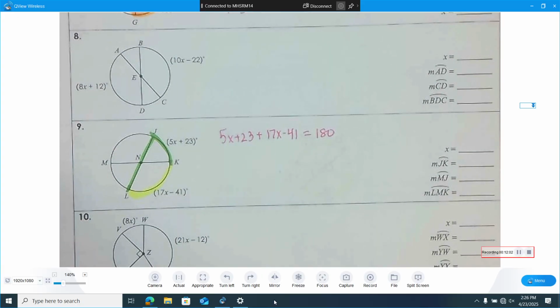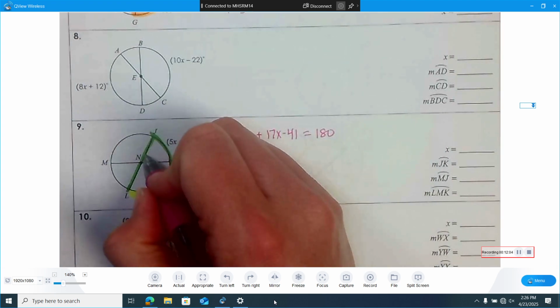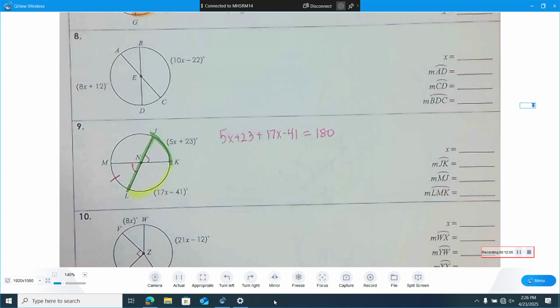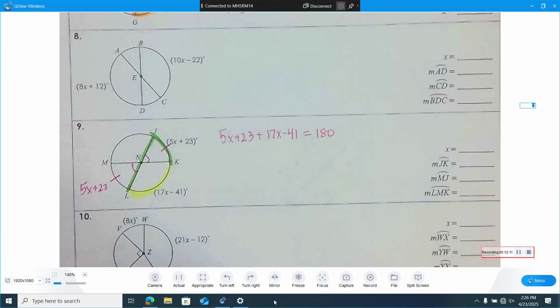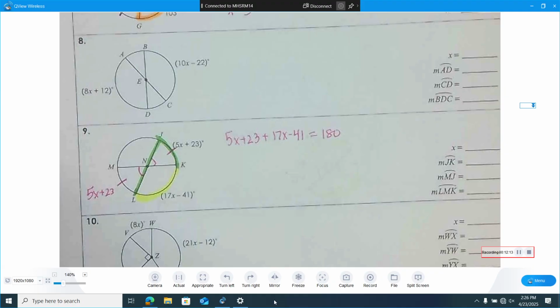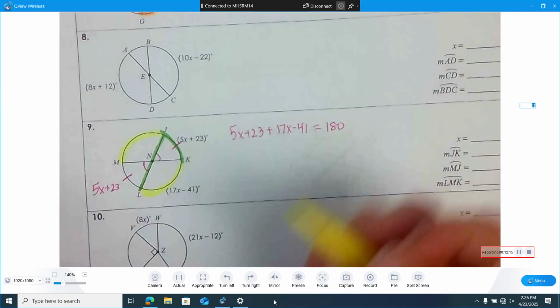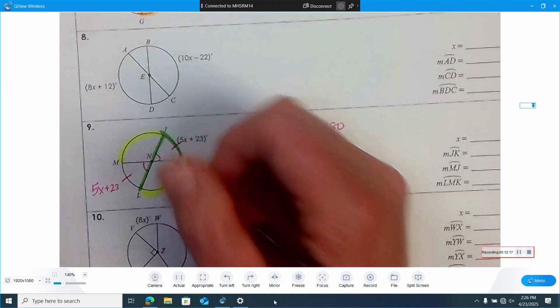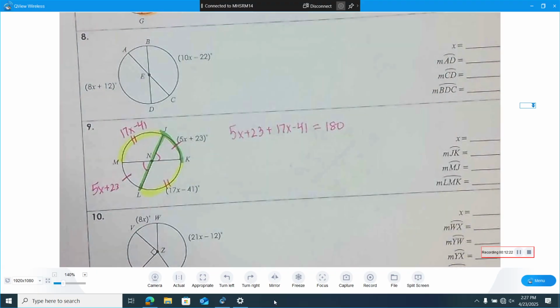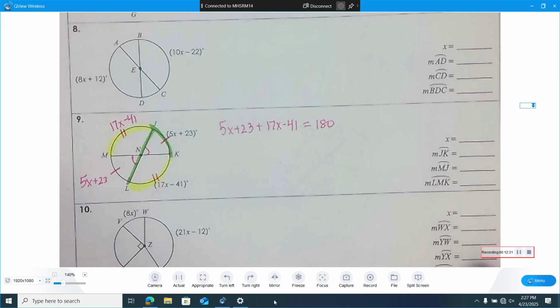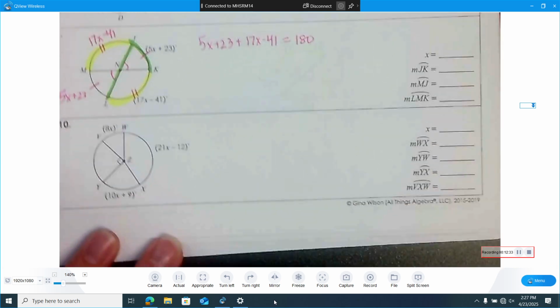Again, that's one way to do it, and it's not the only way. You guys did notice that we do have congruent arcs. So this is another 5x plus 23 over here, and here as well would be another 17x minus 41. So the other equation we could write, we could add all of them up, and they could all equal 360 if we wanted to, okay? So there's tons and tons of ways to do this. I'm not going to go any further than that.